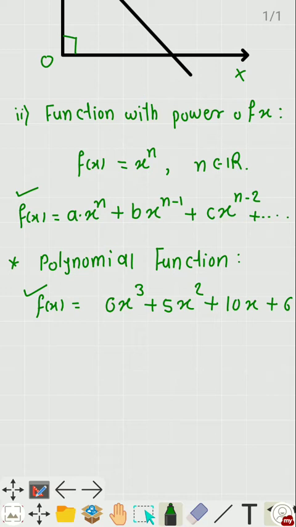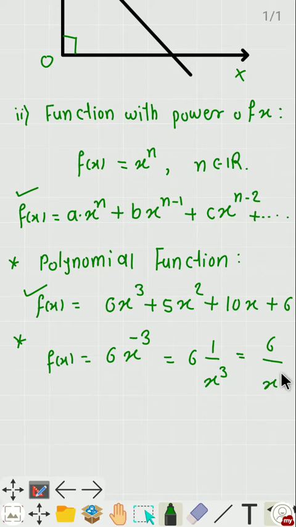Secondly, suppose we have a function with negative power: f of x is equal to 6 into x raised to the power minus 3. Then this function can be represented as 6 upon x cube.